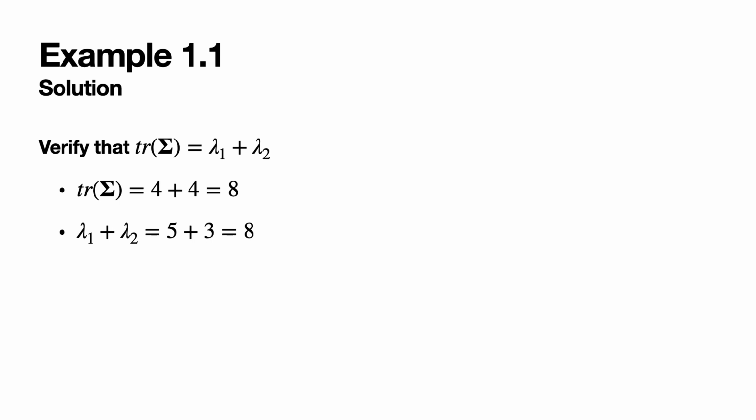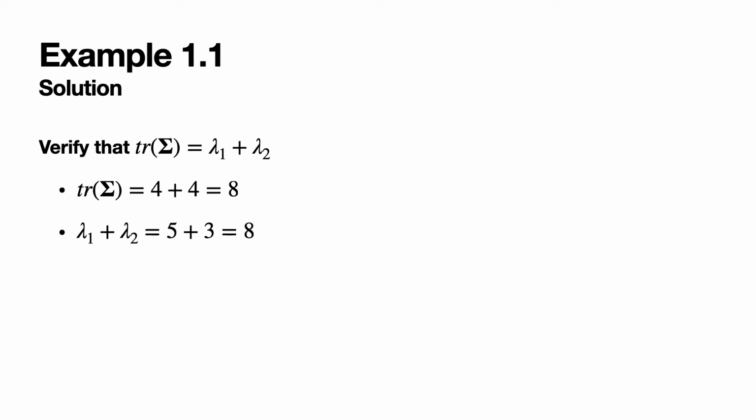All right, next, we want to verify what we had said in the previous lecture video, that the trace of a square symmetric matrix can be calculated as the sum of the characteristic roots. Now, we know that the definition of the trace is that it's the sum of the diagonal elements in the matrix, but it's also equal to the sum of the characteristic roots.